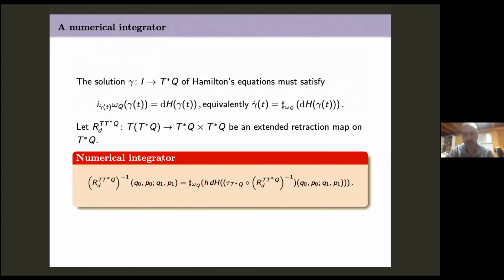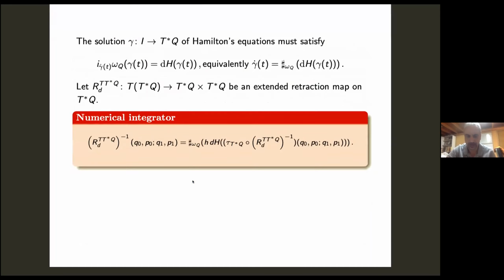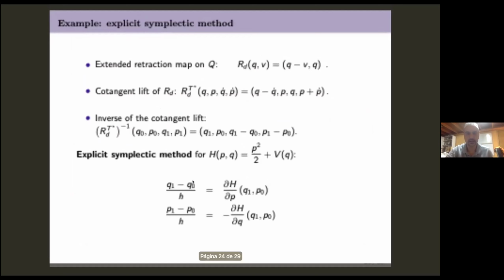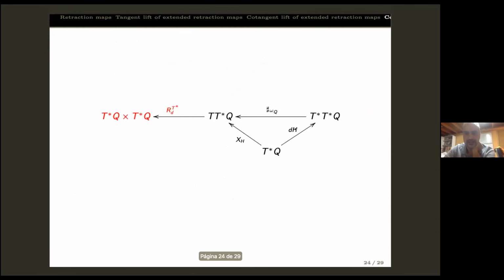There are many ways to present this thing. Here I will explain in this slide, which is perhaps simpler to understand. We have the differential of H, which is a map from the cotangent bundle to the cotangent bundle of the cotangent bundle, and using the symplectic form, we obtain the Hamiltonian vector field.